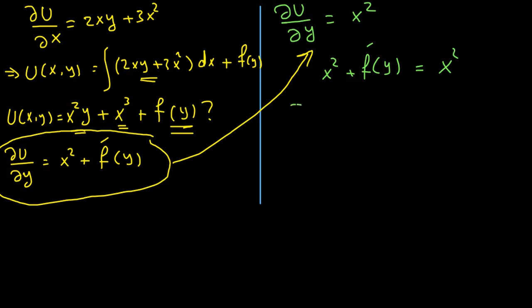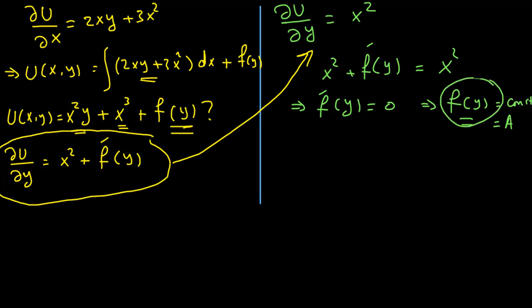From this we conclude that f dash of y is equal to 0, and so f of y is equal to a constant. We can call this constant anything, so let's call it a for instance. And so now we have determined f of y that we are looking for.